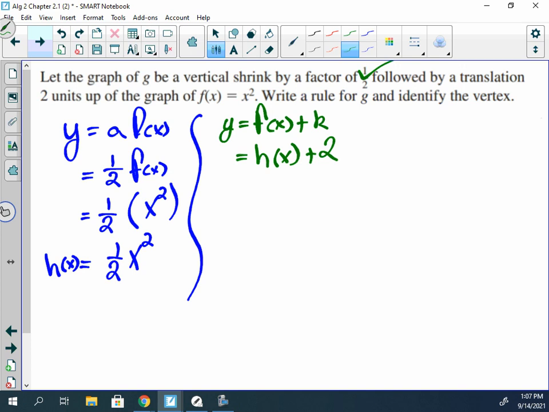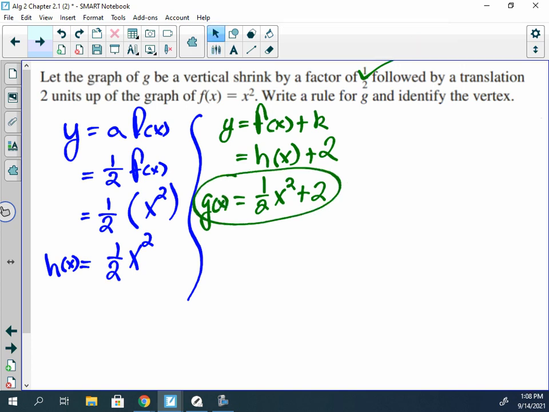What is h of x? 1/2 x squared plus 2. And that really would be it. We could put parentheses around the 1/2 x squared, but then we would just drop them and get 1/2 x squared. We're not really applying anything to it.